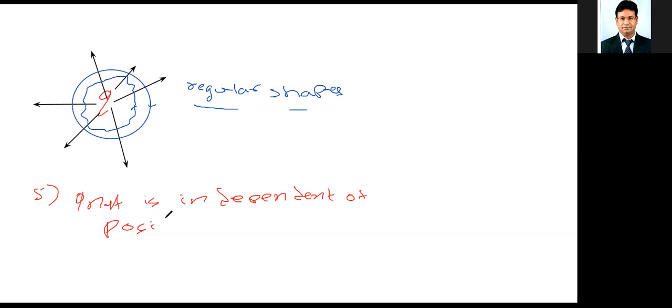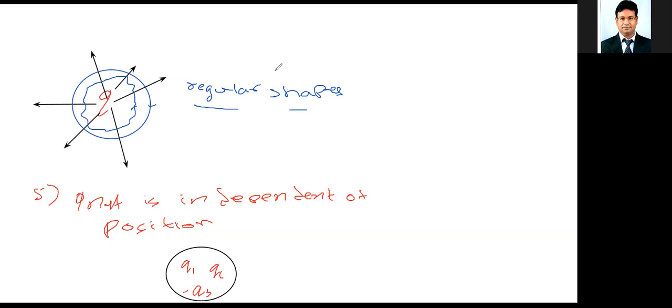What does it mean? It means that suppose I have some Gaussian surface. I'm just drawing a Gaussian surface, and then suppose I take some charges as Q1, Q2, Q3.